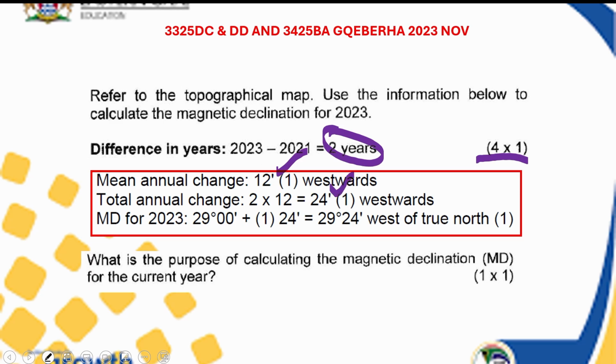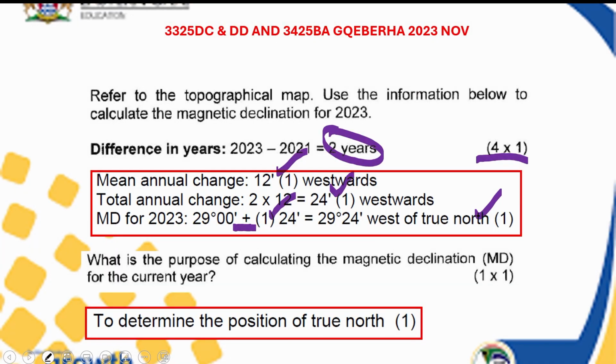And then the magnetic declination, you have to add because the movement was to the west. For that sign, which is an addition, which clearly shows that you understand what we are talking about, you get a mark. And for the final answer, you need to have west of the true north, because your answer is always on the west of the true north.